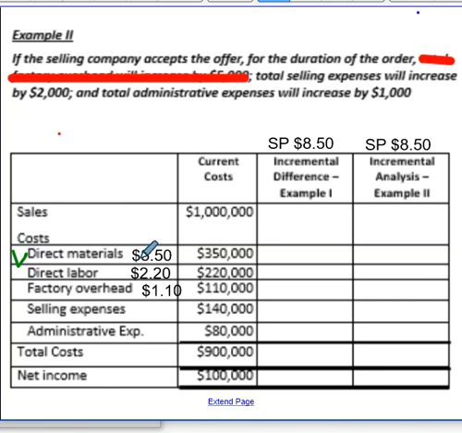We derive that by taking the 350,000 and dividing by the 100,000. Direct labor is also considered V for variable, and the variable cost of each of those items is $2.20. And we also considered factory overhead in this case to be variable, and the variable cost associated with factory overhead is $1.10. So we have all our variable costs per volume in materials, labor, and overhead.